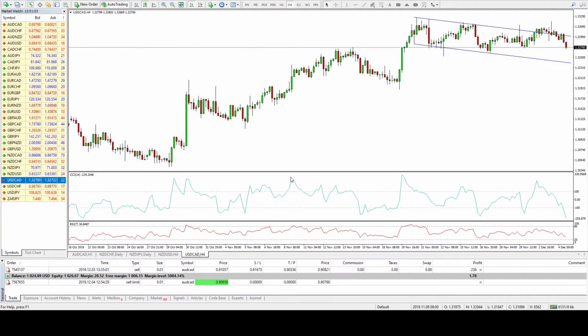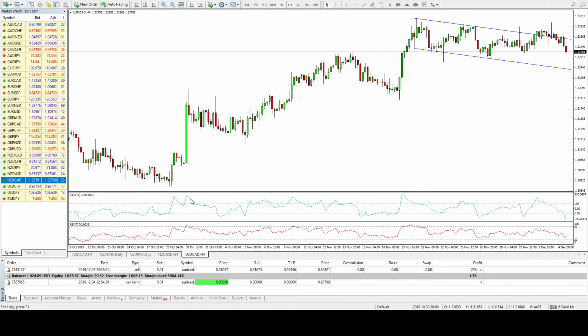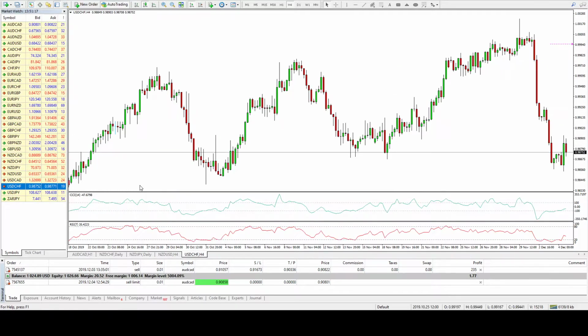The CCI is oversold, but the RSI is not. So we'll wait. USD CHF.